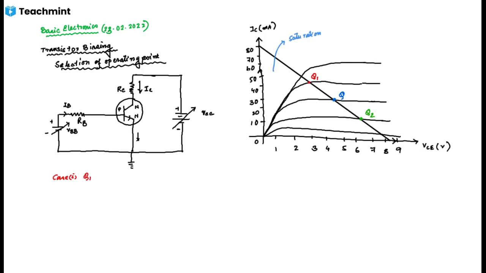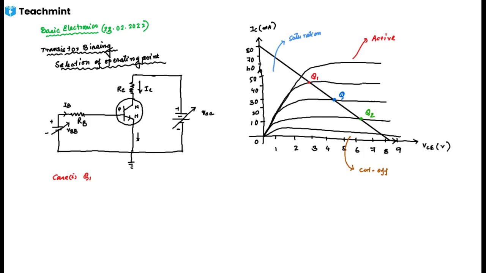From this to this, it is active. This whole region is active. And this is our cutoff. So we have known these things.